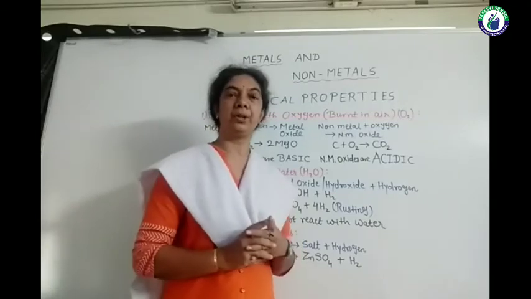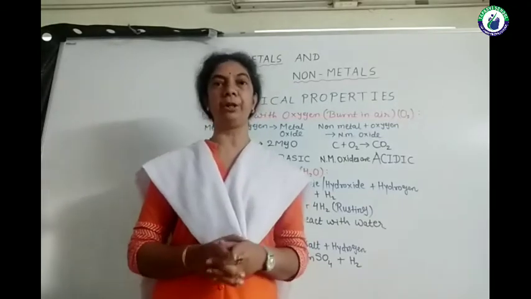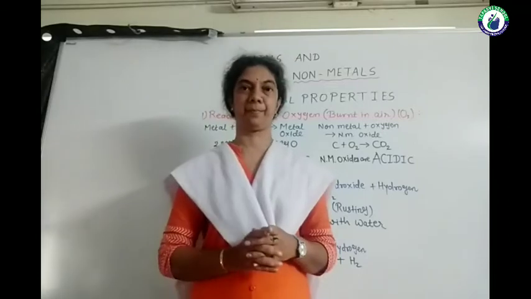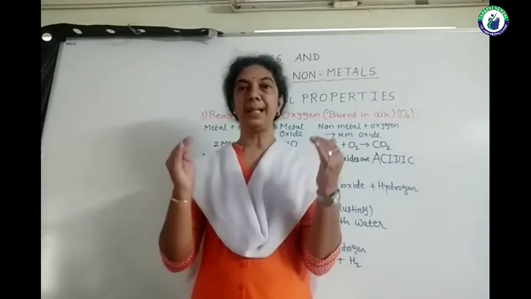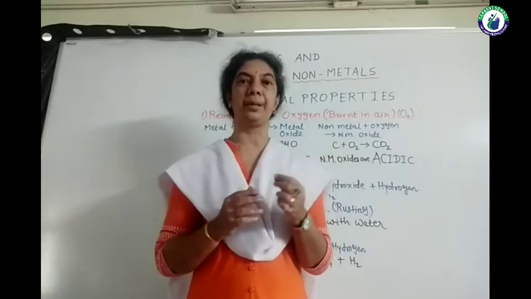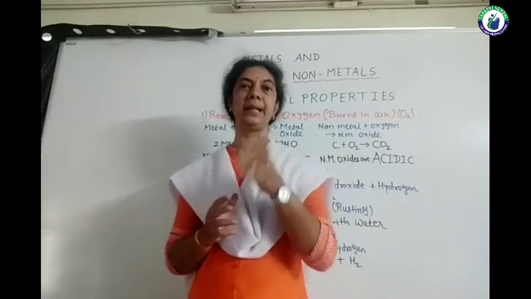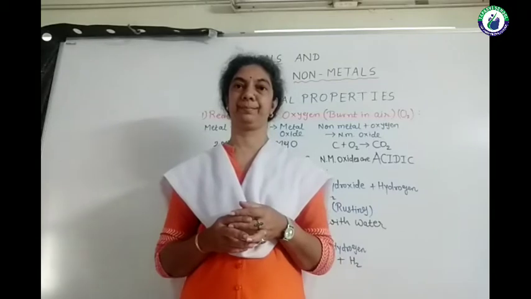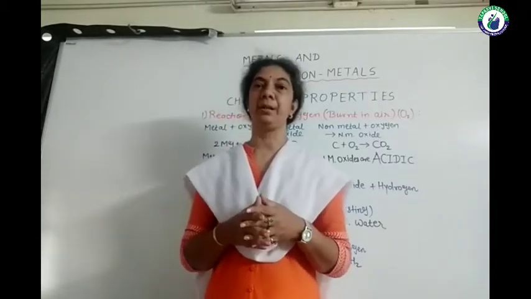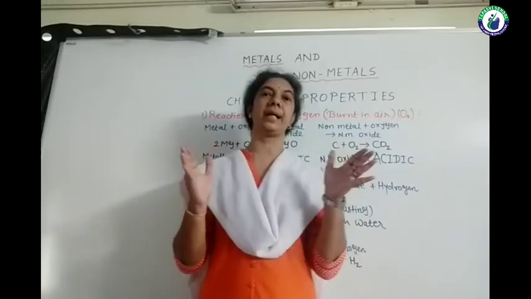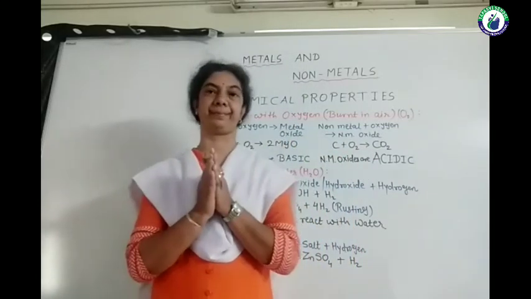Now I would like to explain the word salt over here. Normally we have the understanding of salt as the common salt we are eating. Besides that, in chemistry, so many other types of salts are there.